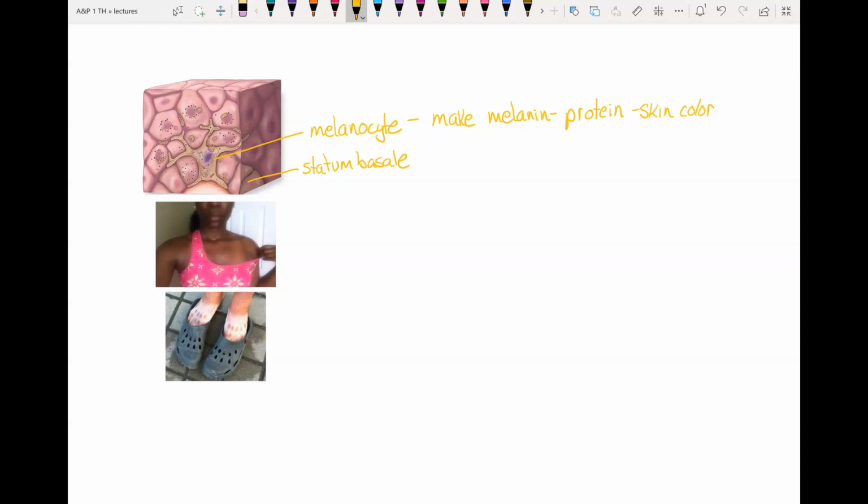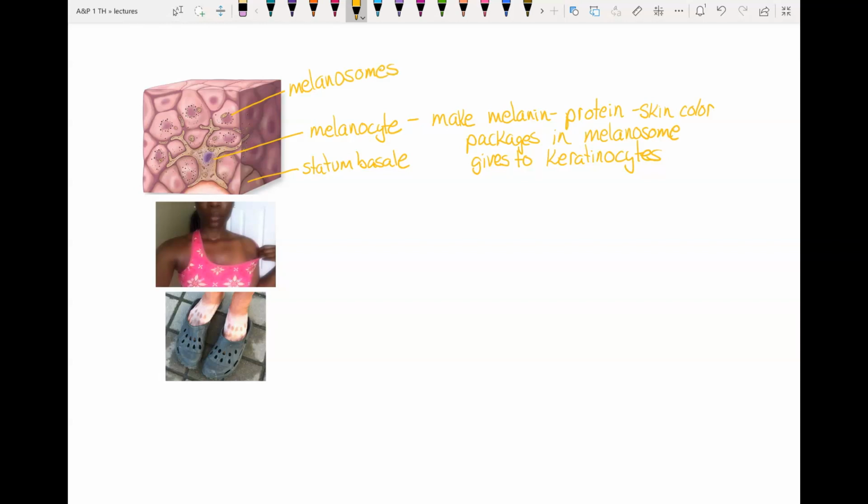Once it makes that melanin, it packages it in a melanosome. And then it gives it to your keratinocytes. So all of the pink cells here are keratinocytes, and you see all of these little dots inside of them? Those are the melanosomes.